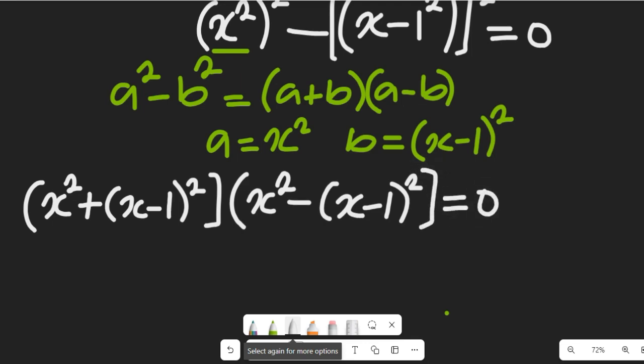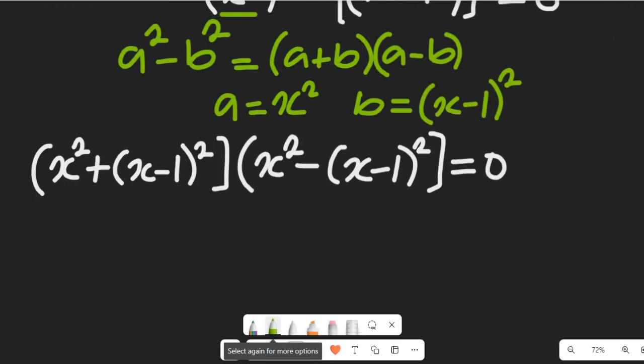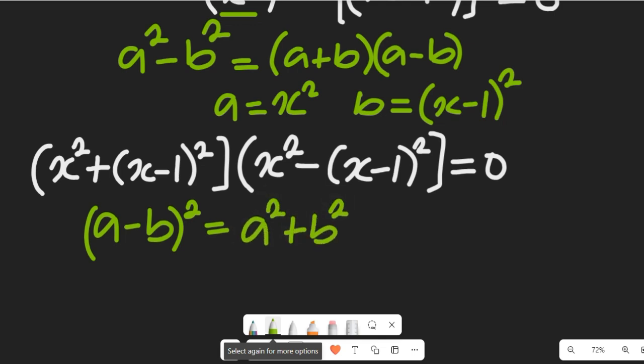This will be equal to 0. To simplify further, I want you to recall one algebraic formula: (a minus b) squared is equal to a squared plus b squared minus 2ab. Now we can use this for both expressions.